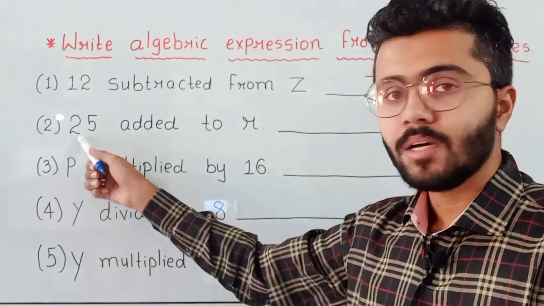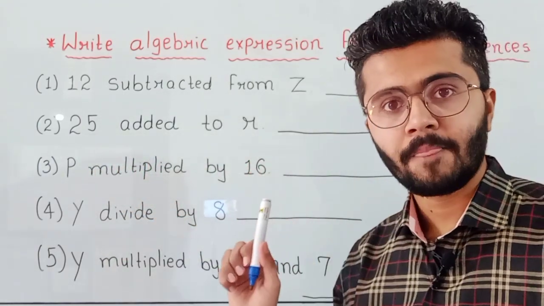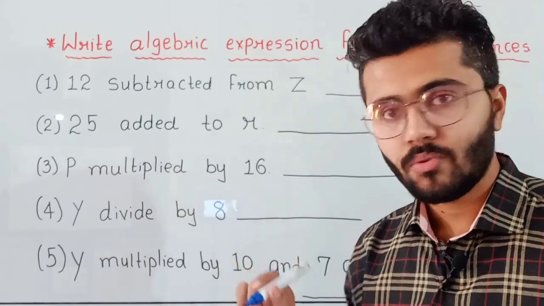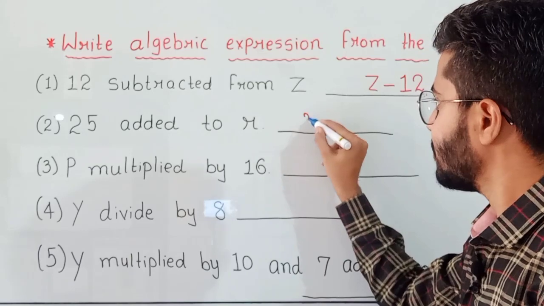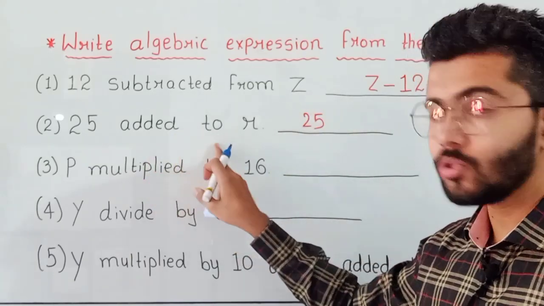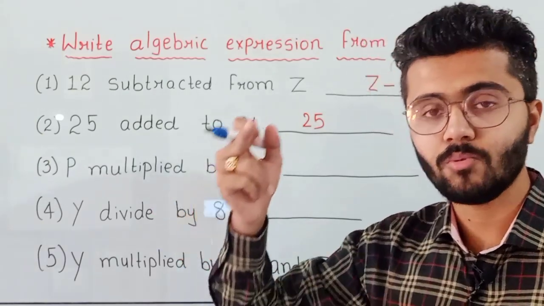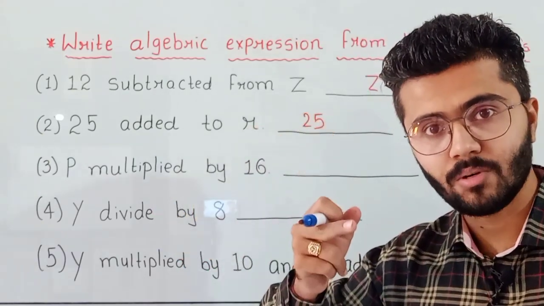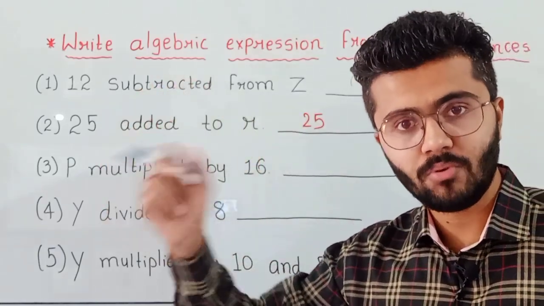Now second one, 25 added to R. So first of all 25, so we'll write 25. Now added to, you have to remember when "to" is given to us, you have to put the sign after the number. When "from" is given, we'll put the sign before the number.